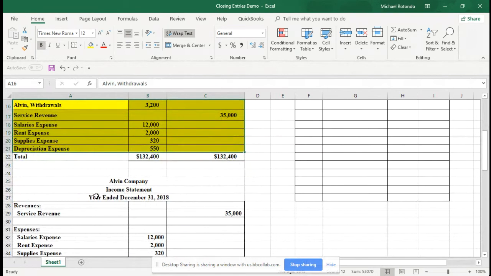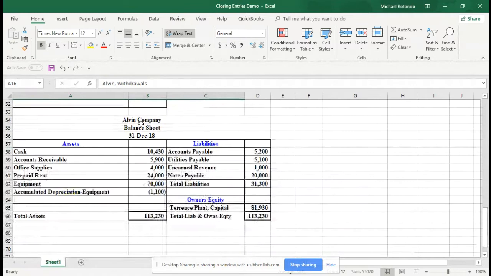So remember, on the income statement, it says for the year ended December 31st, 2018. These accounts need to be brought to zero at the end of a period so we can start measuring activity again for the next year at zero. Okay, so we don't get confused with previous periods.